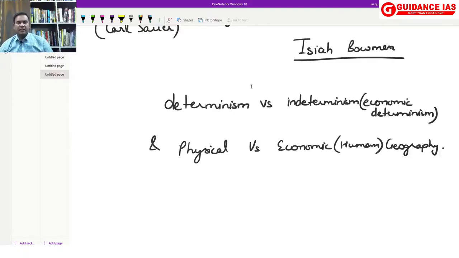Like human lives are full of dichotomies and dualisms, so is geography.